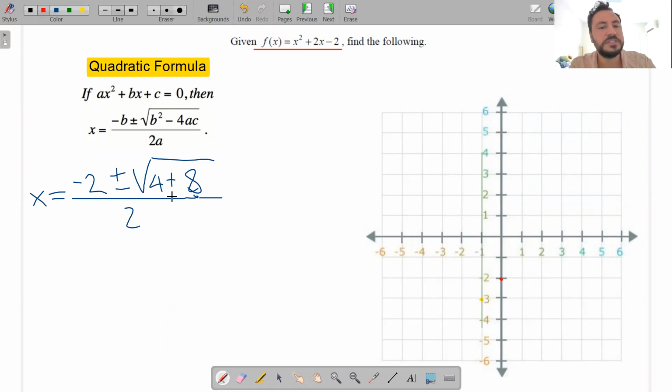Whatever is inside the square root will be 4 plus 8, which is 12.